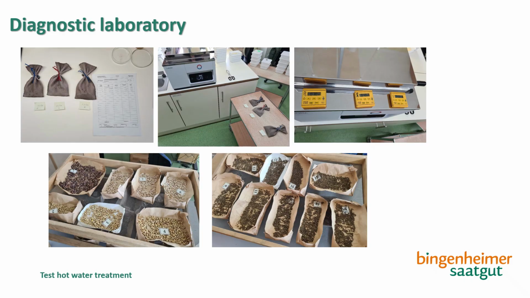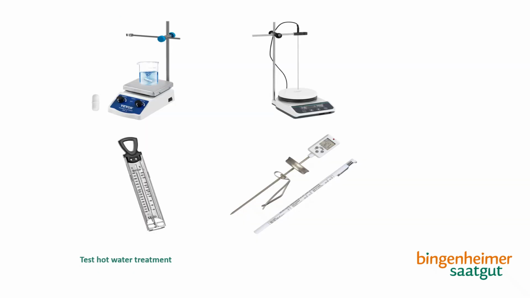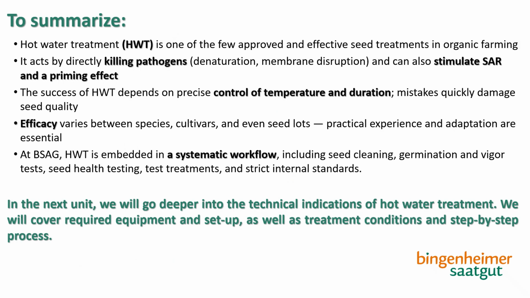And then on the lower two photos, you see the drying of the treated seeds. Only after all of this is completed and the test hot water treatment has been done successfully, the recommendation is given for the main hot water treatment procedure, where we indicate at which temperature and for what duration the whole seed lot should be treated.